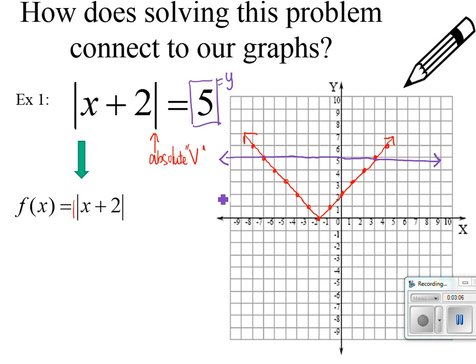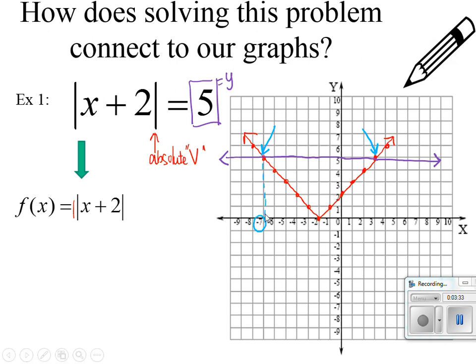Now remember, a few weeks ago, or maybe a month ago, we talked about where two functions would be equal to each other. So where are these two functions equal to each other? Well, they're equal here and here. At what x values are they equal?